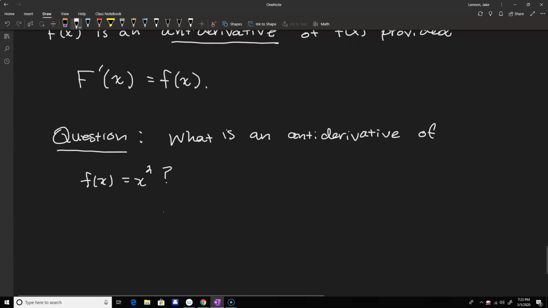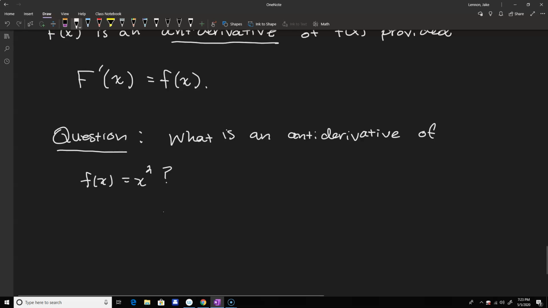Well, we need to think of somebody that has derivative x squared. Well, x squared is a polynomial function, and so we might expect that the antiderivative would also be a polynomial function. Why? The derivatives of polynomial functions are always polynomial functions, and they behave according to very regular rules.